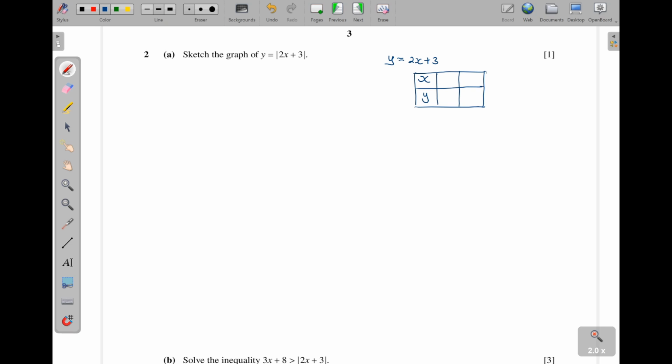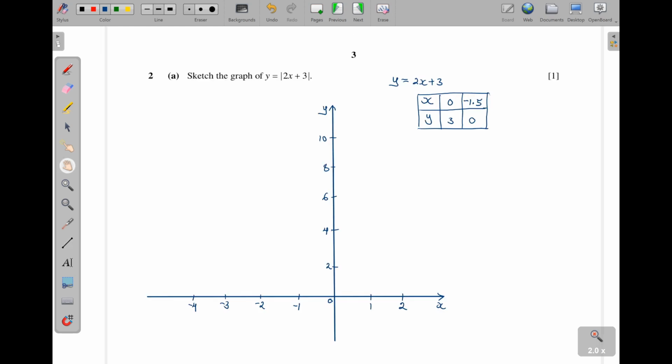When x is equal to 0, y will be equal to 3. Then how about when y is 0? When y is 0, you bring this one here, it becomes negative 3, then divide by 2, you get negative 1.5. So meaning, I'm going to now draw my graph. These are the axes here, and that is my grid.